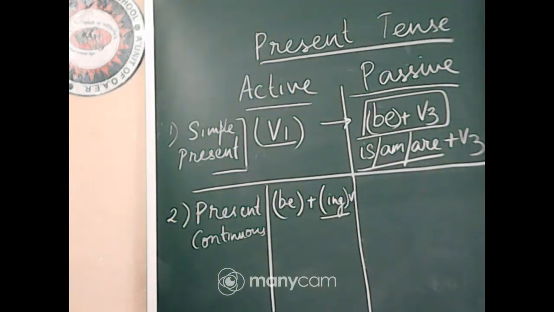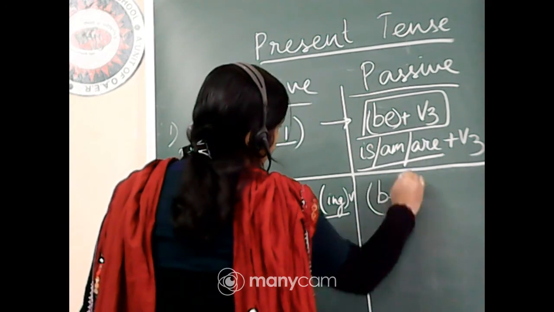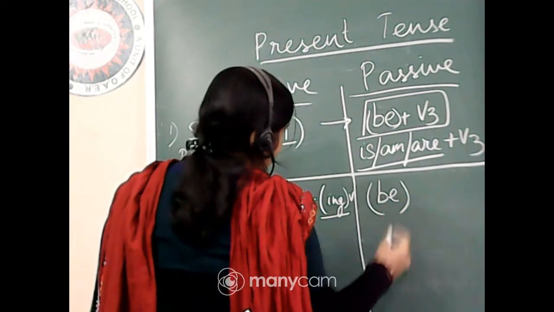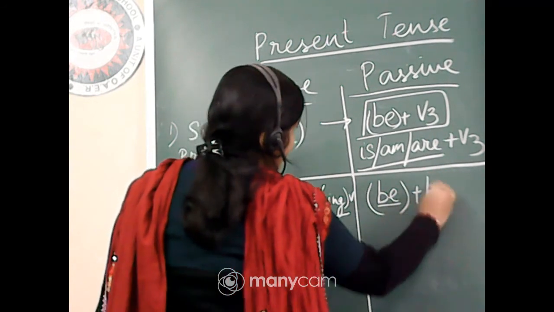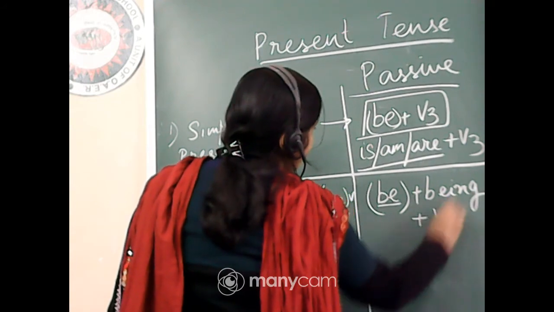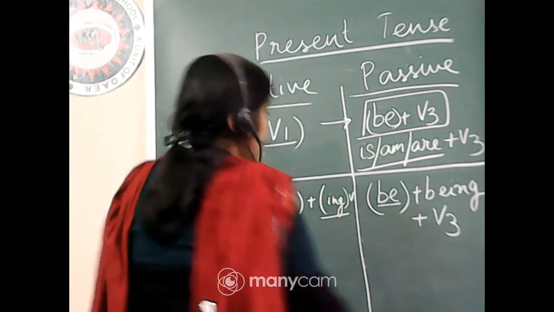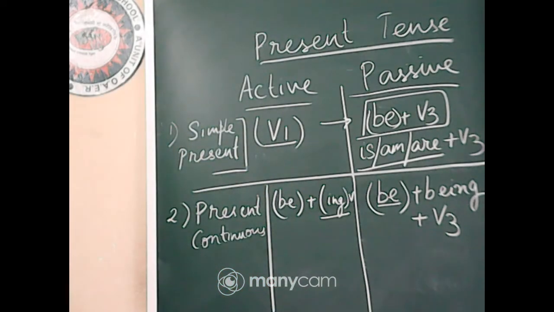This is the normal form of the active voice. In the passive voice, this will be the be verb, that is is or are, plus being plus V3.